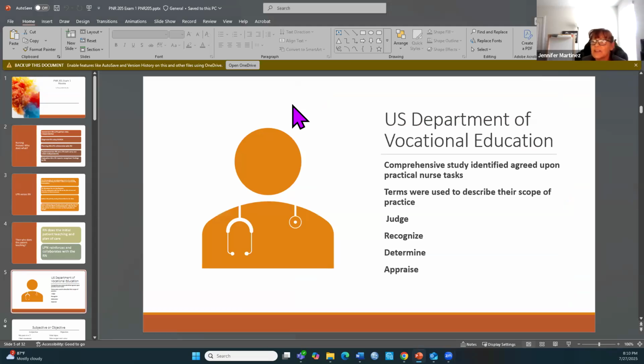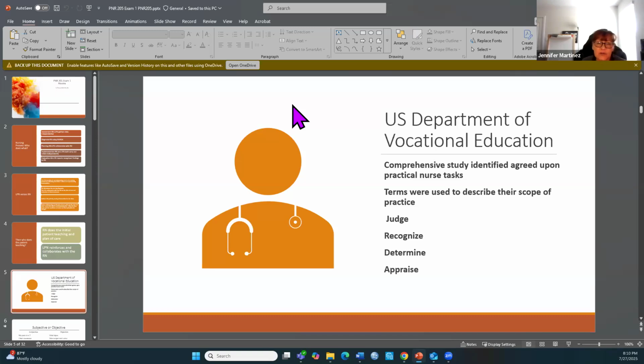The U.S. Department of Vocational Education, has anybody heard of this before? This was all the way back in week one. When we look at the scope of the practical nurse's job by the U.S. Department of Vocational Education, the terms they used were judge, recognize, determine, and appraise.